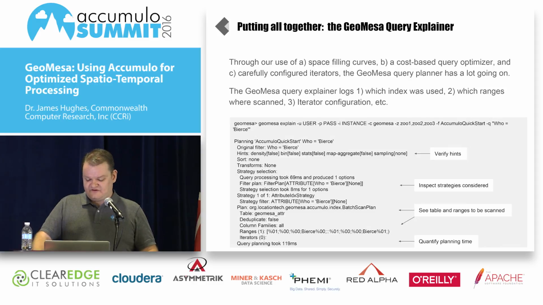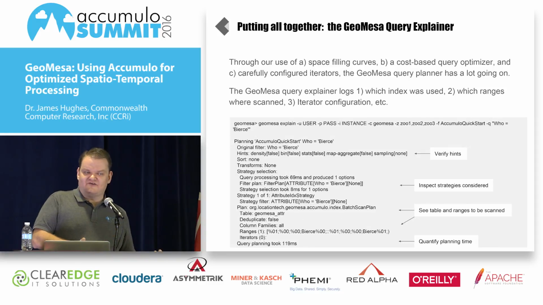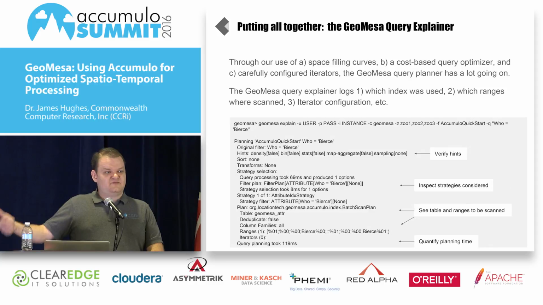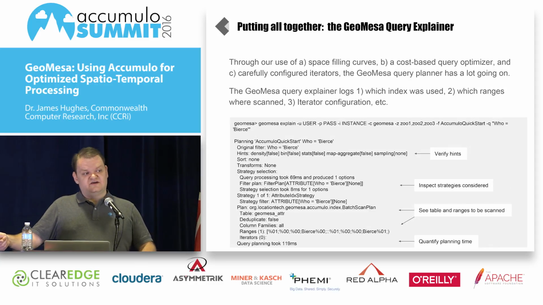The great thing you can see here, you immediately see what hints we've got set. We're not asking for any of the aggregations, so they're all set to none. We can see what strategies were considered, see that it picked up that it was an attribute. GeoMesa has attribute tables, and the query is going to actually use that. We can see what tables we're going to use and what ranges we're going to set up.